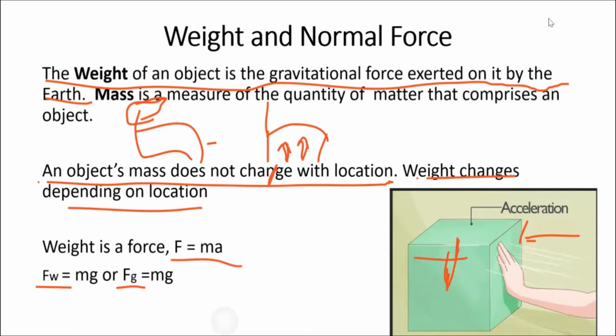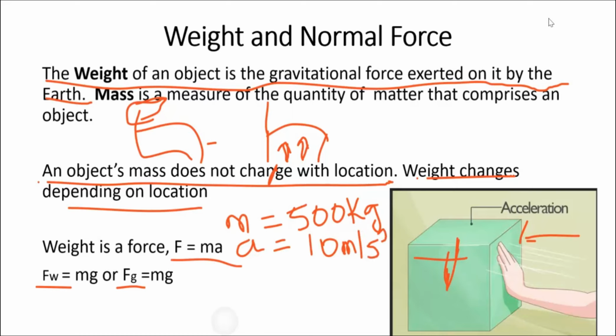So let's assume this object has a mass M of 500 kilograms, and the acceleration A is 10 meters per second squared.